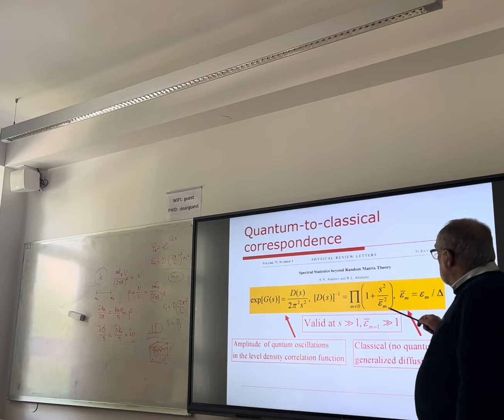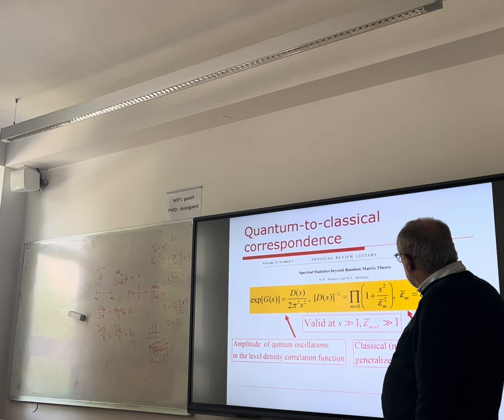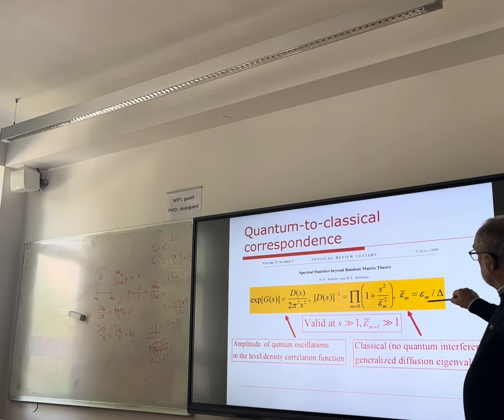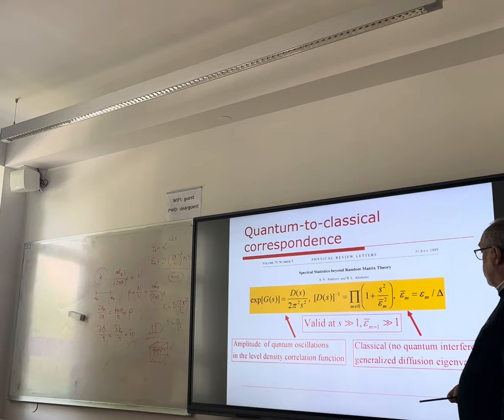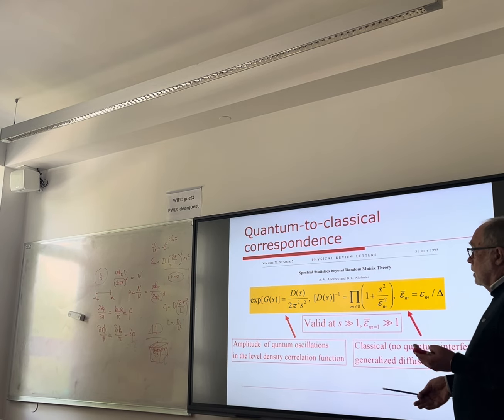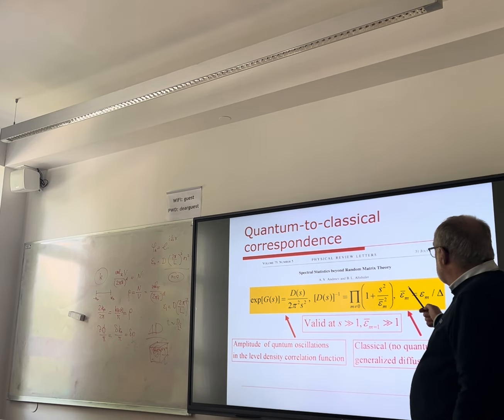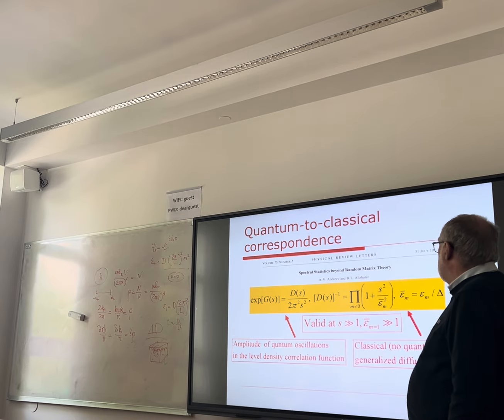Why? Because what is on the right-hand side? On the right-hand side there is the eigenvalue of classical propagation. It could be long-range hopping, short-range hopping, but no interference. It is an eigenvalue of the classical propagation.